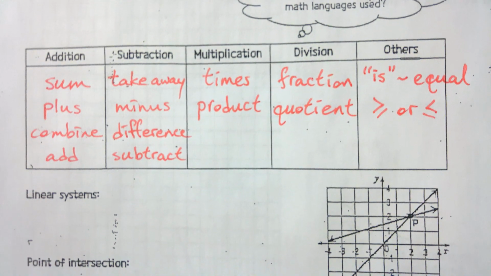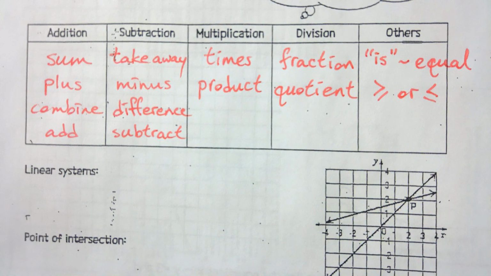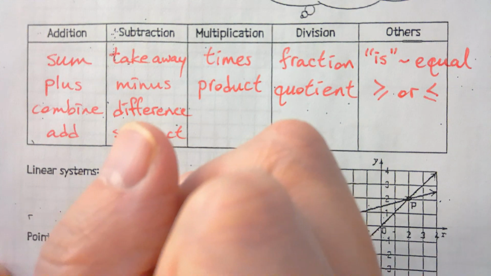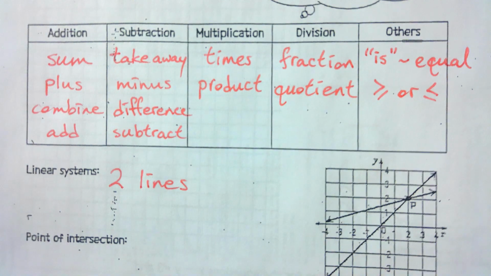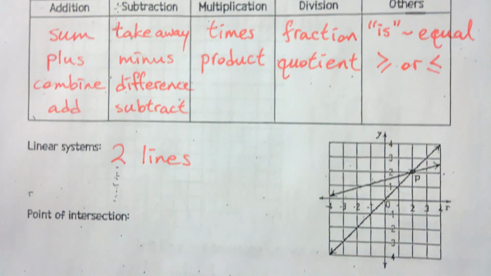Okay. So as I was saying, we know how to write one equation. We know how to graph one line. So a linear system is basically two lines. If you know how to draw one line, do you know how to draw two lines separately? Yep. And when two lines cross, you're going to get a point of intersection.